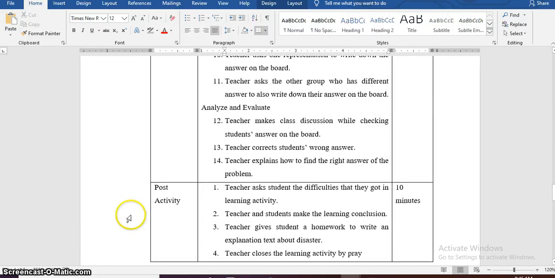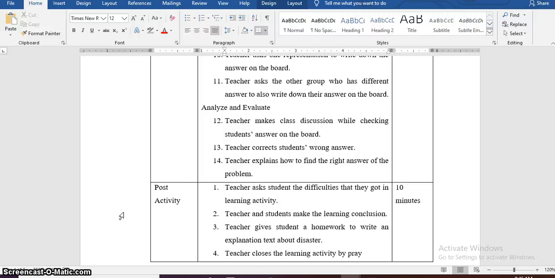In the post-activity, the teacher asks students about the difficulties or problems they had in the learning activity. After knowing the difficulties, the teacher gives feedback and explanation, or re-explains the material to help students understand more.